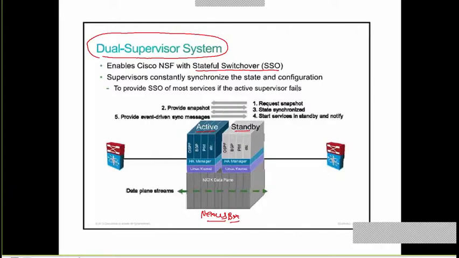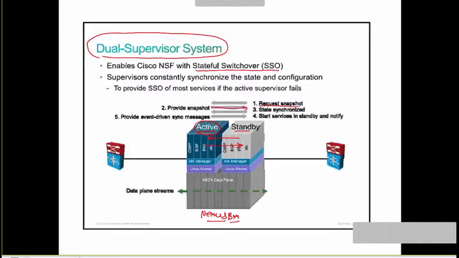All the routing table and all the working is handled by the active supervisor. So the standby supervisor will send a message called a request snapshot. The standby supervisor tells the active supervisor, boss, please give me the snapshot of your working.